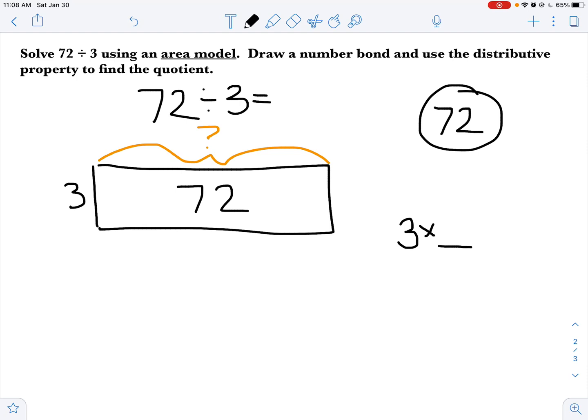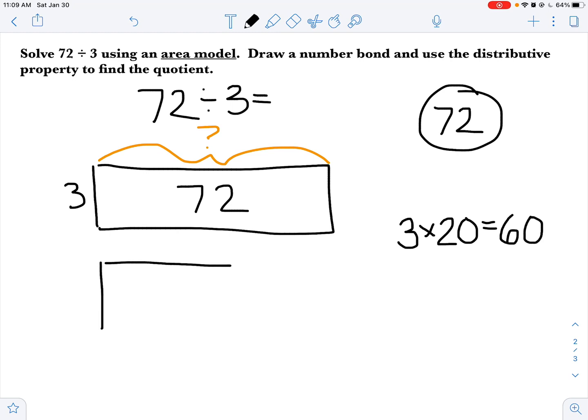So I know 3 times 20 is 60. That's pretty close. What if I added another 10 and I tried to do 3 times 30? Well, that's 90, so that's too far. So I'm going to try 3 times 20, and that's going to give me 60.